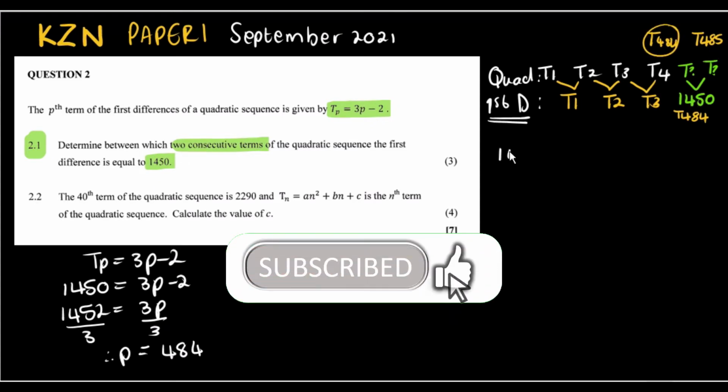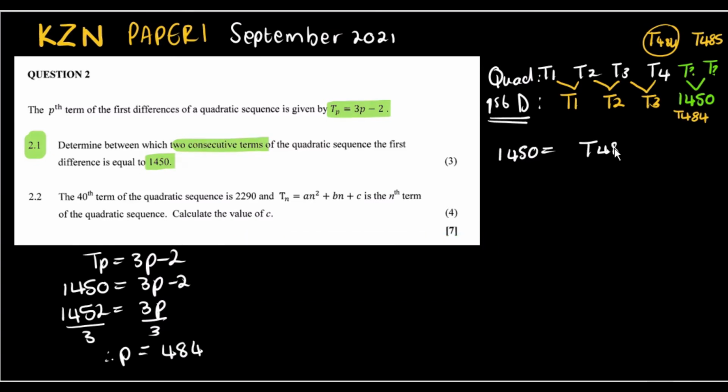So now we know 1450 is found by saying term 485 minus term 484 of the quadratic pattern, because we can see now that the two term numbers responsible for creating that difference will always be the term that comes after it and the current term number you have.